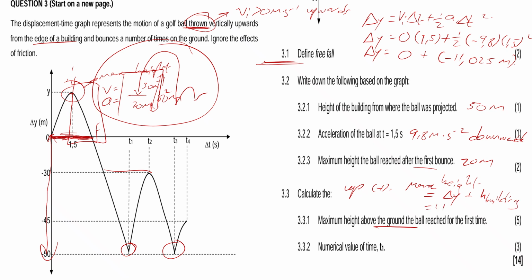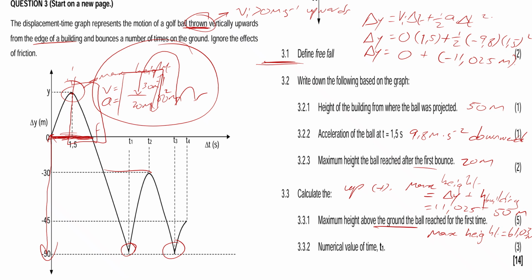The displacement being 11.025 plus 50 meters, so the maximum height is now 61.03 meters from the ground.